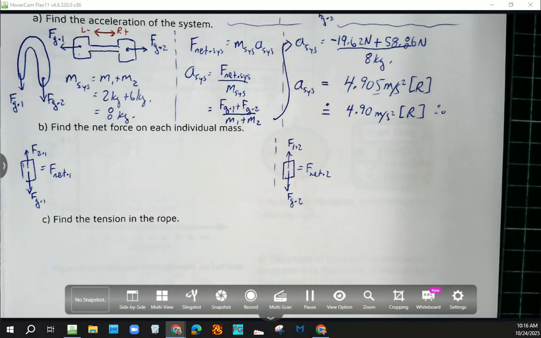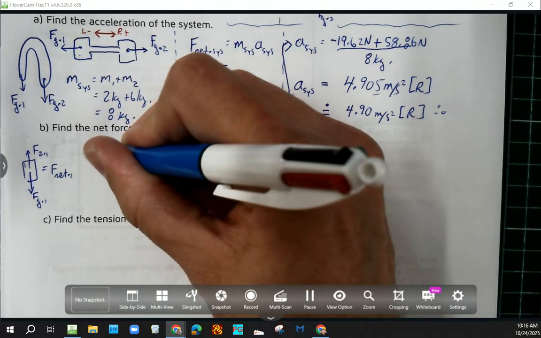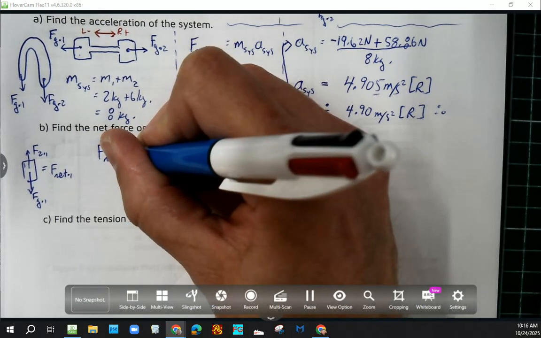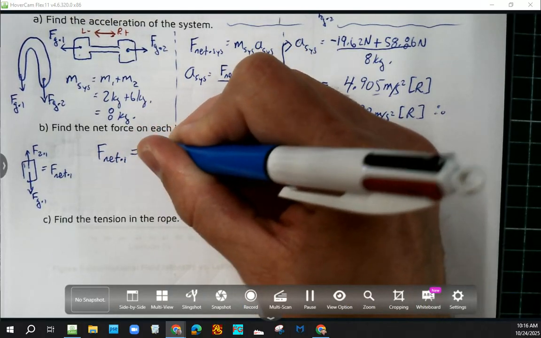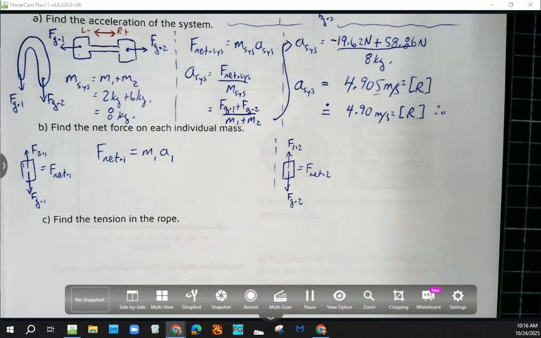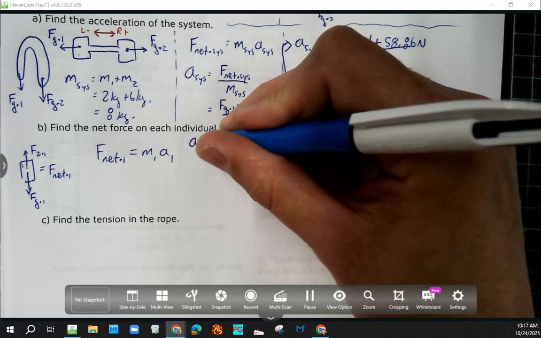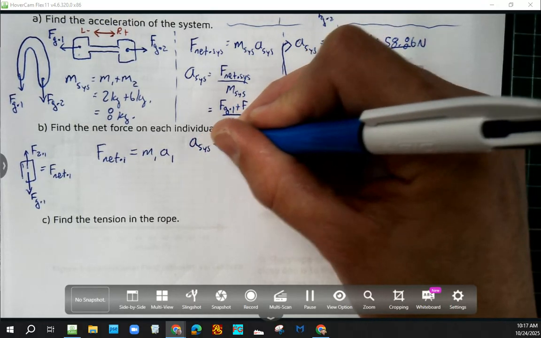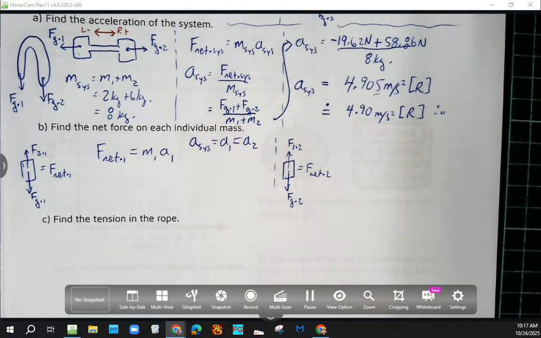However, another way to find Fnet for a mass is to use Newton's second law. So if I want to find Fnet 1, and I know the mass of object 1 and the acceleration of object 1, I could just calculate it. Keep in mind that for our system, because it's rigid, we said at the beginning that the acceleration of the system is equal to acceleration 1, which is equal to acceleration 2. It's all moving together.